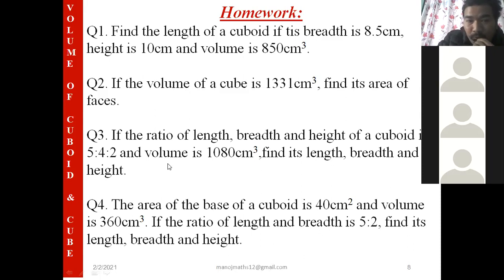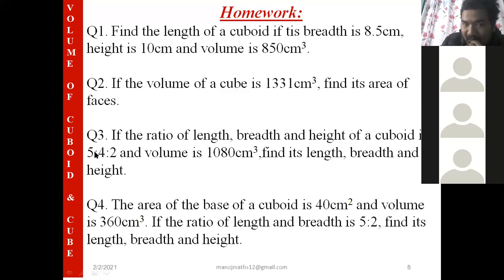Then we have to put the value of x in length. What was our length? 5x. 5 into 3 means 15. What was our breadth? 4x. 4 into 3 means 12.